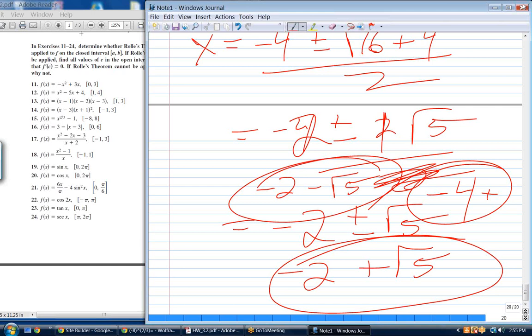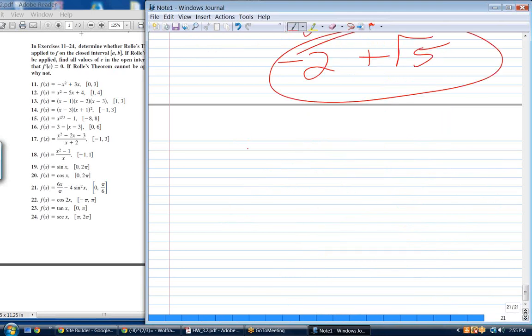Now let's see, we did 17. 18 could be interesting, maybe. Let's see. X squared minus 1 over x, that's the same as x minus 1 over x.